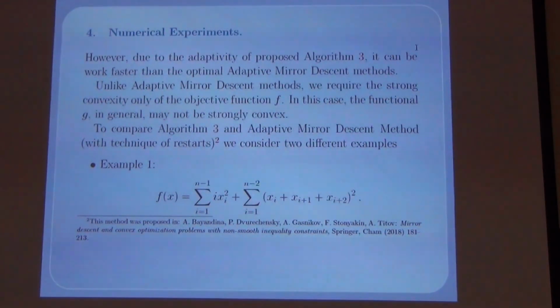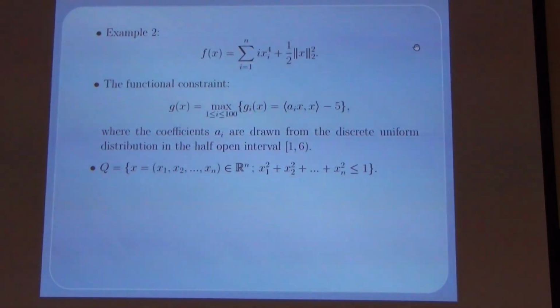We consider two examples in numerical experiments. This is the first one. The objective function has the following form, and in the second example, we consider this function.